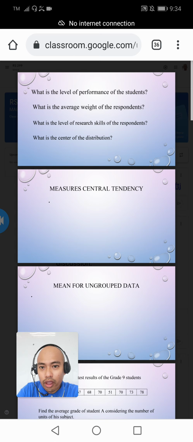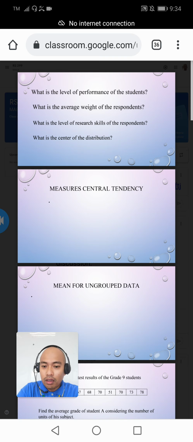Another question raised in the PowerPoint presentation is, what is the average weight of the respondents? Since we are talking about the average weight of our respondents, then that might be the mean, if you want the mean as your tool to find the average.